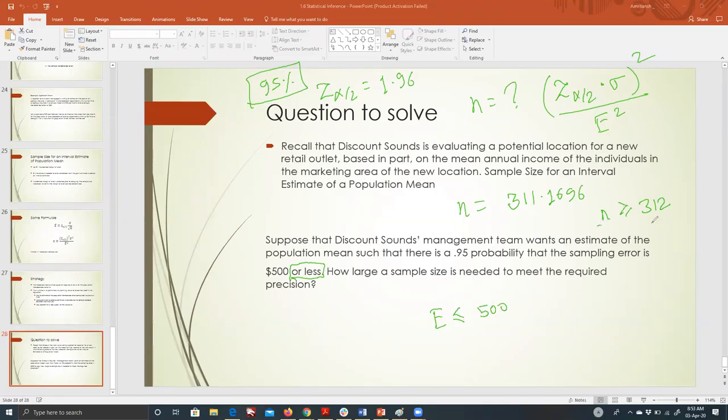So I should tell the manager that, sir, either 312 is good, or I would require more than 312 samples if you want the error range to be even smaller than 500. Get the idea? Is everyone getting the same answer or not?